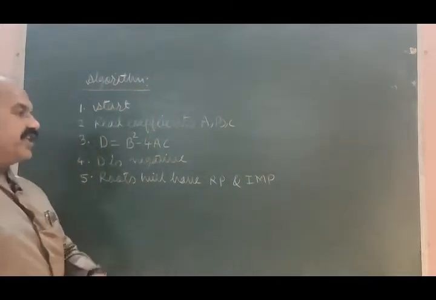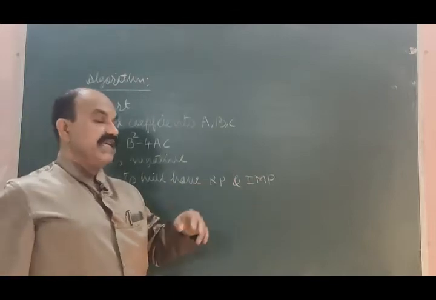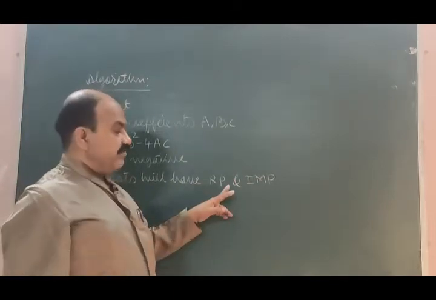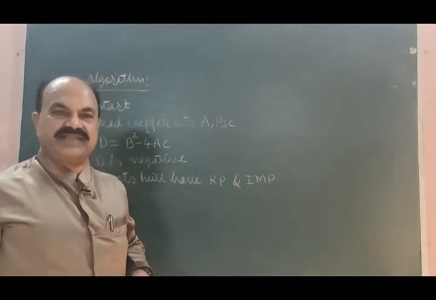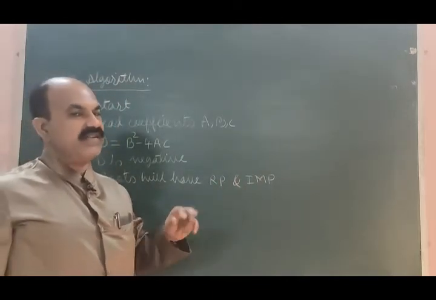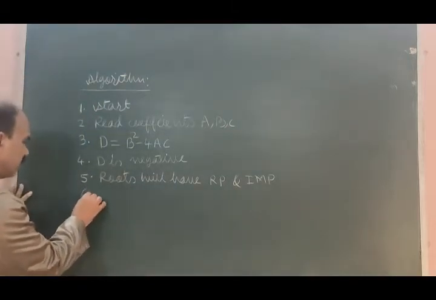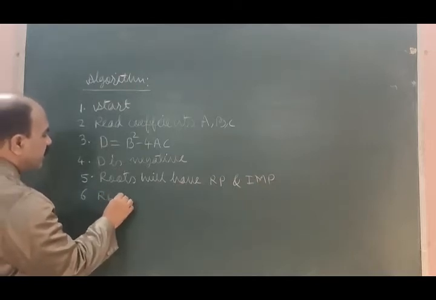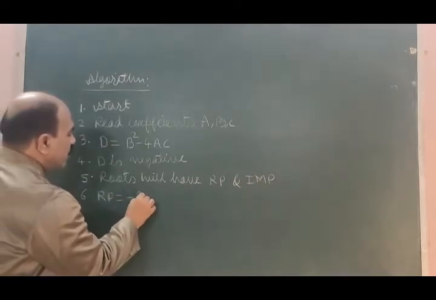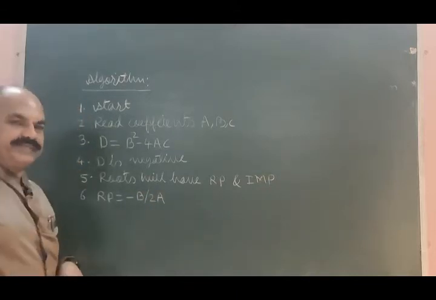If D is negative, roots will have RP and IMP, real part and imaginary part. How to get the real part? Real part is simply equal to minus B divided by 2A.